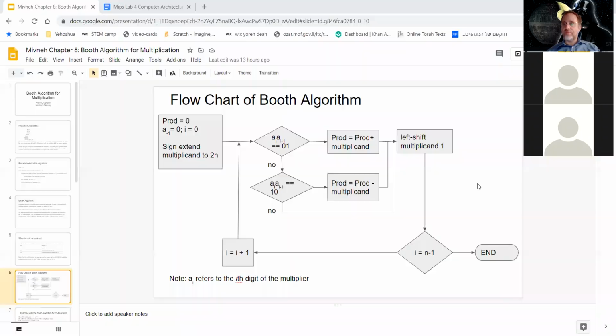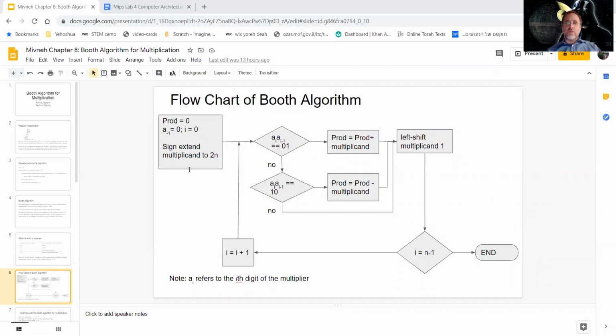Okay, share screen. There we go. And now, okay, that's the way I want it. Okay, so you see this? You can see my screen? Yeah.